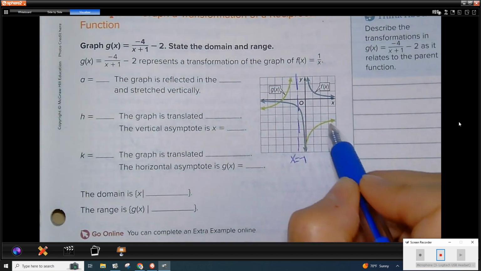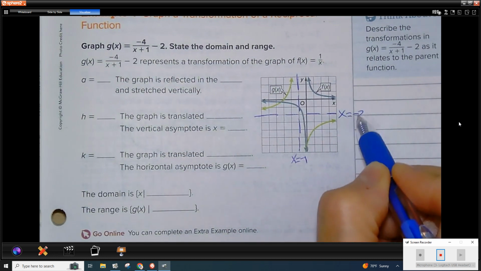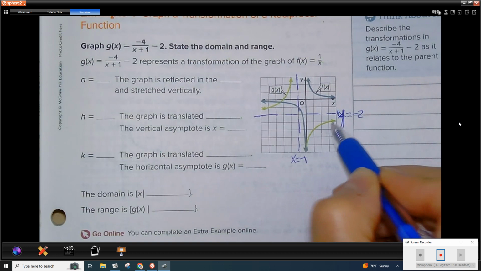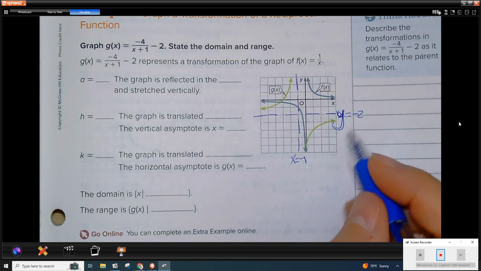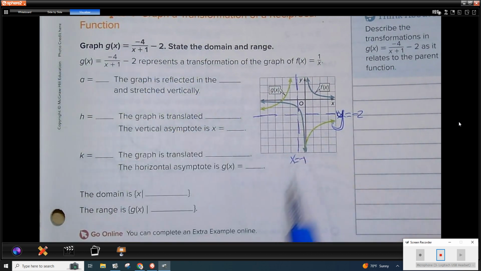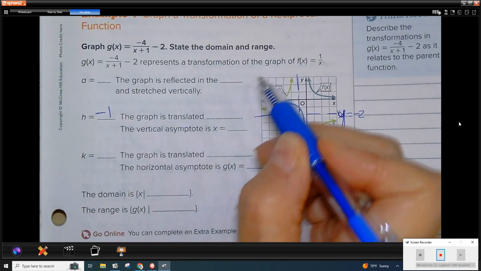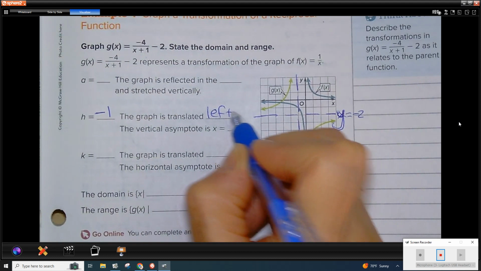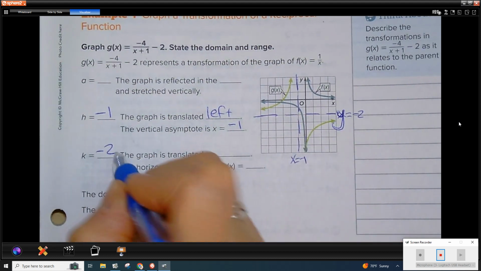And it does not pass this, which is y equals negative 2, which is your horizontal asymptote. So your h is, since I have a plus 1, oh, see, I did match. I looked at the graph. So since I have a plus 1, my h is negative 1, which is left. Vertical asymptote at negative 1. K is negative 2, which is down.